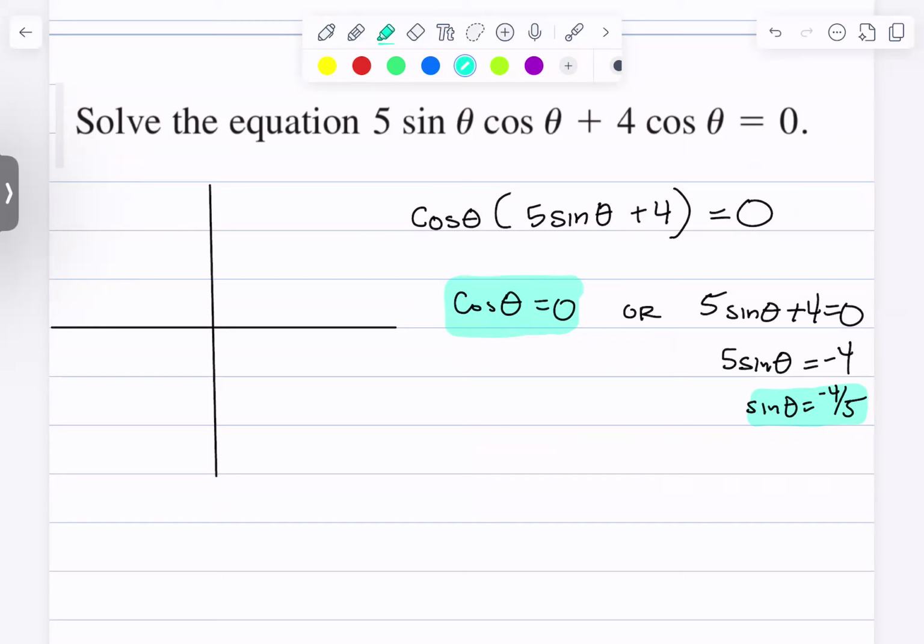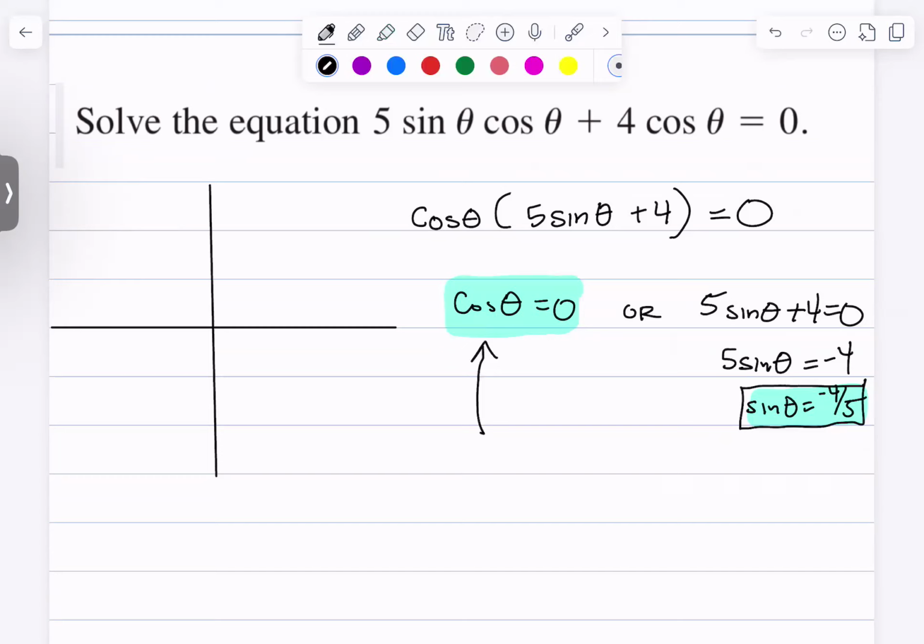I do not want you to use your calculator just yet. So if you come out with an answer that looks like this, I will accept that answer. Just leave it as is. Deal with the other one and try to figure out what theta is.